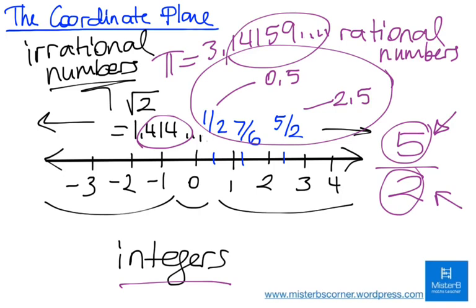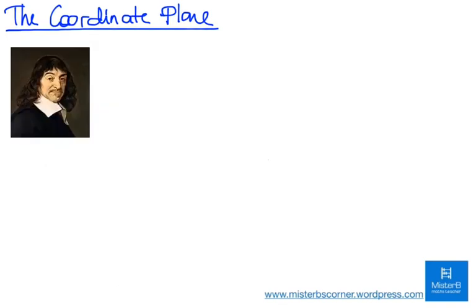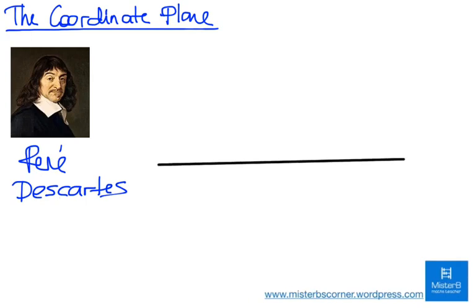Now, what is next? A French philosopher, René Descartes, just joined these two number lines so that they will be perpendicular. And just because these are number lines, they have numbers on it. All the integers, rational numbers, and irrational numbers, right?